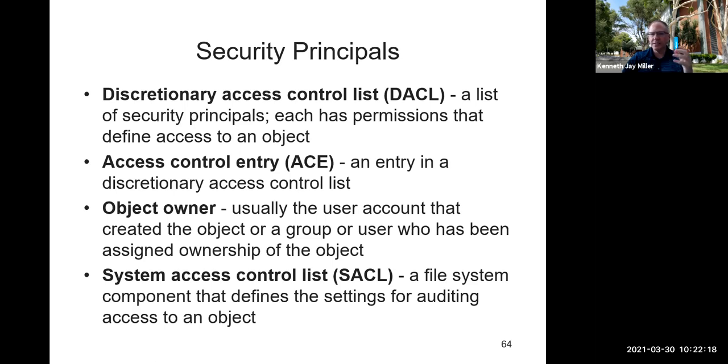When we're logged in as the administrator and we create a file share, the administrator is the owner. If we were to log in as user one on our domain and create a share, user one would be the owner. And then the system access control list is a file system component that defines the settings for auditing. So the SACL is used with the audit feature.